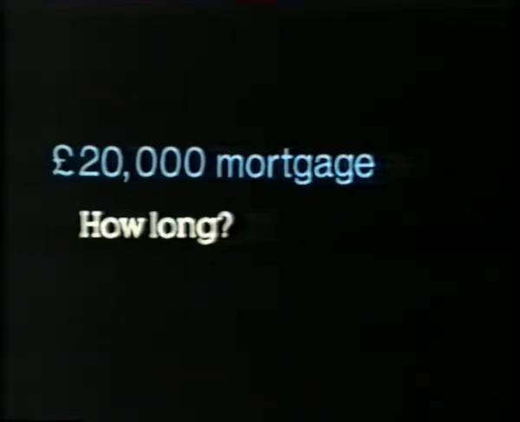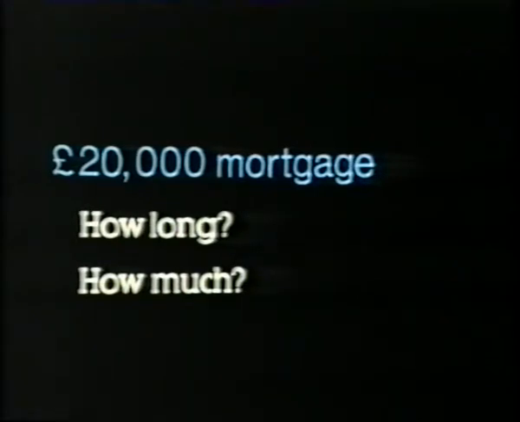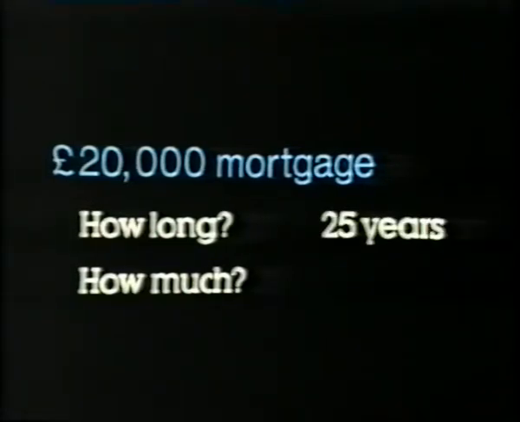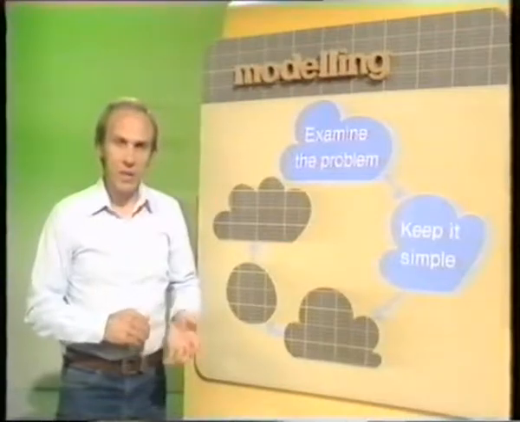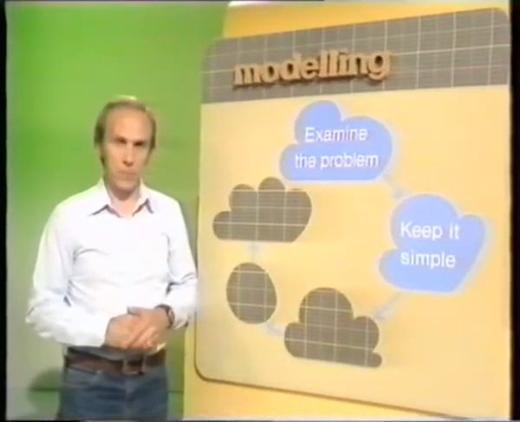Second, how much are we going to pay? How much interest do we have to pay just for the privilege of borrowing? Well, 25 years is a typical length of time to take. And I dare say that in times of rapidly changing interest rates, 15% seems like a bargain. So let's accept these figures, buy the house, and start paying back.